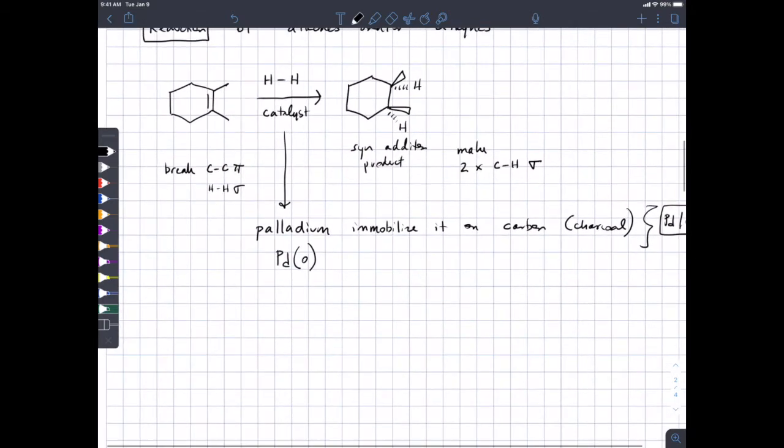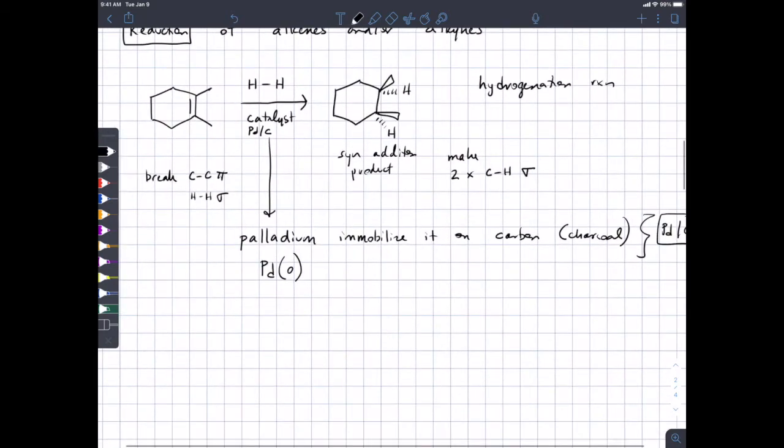So the palladium on carbon catalyst catalyzes this reaction, which we're calling a hydrogenation reaction because we're adding hydrogen across the double bond. This is the opposite of a dehydrogenation or oxidation reaction.